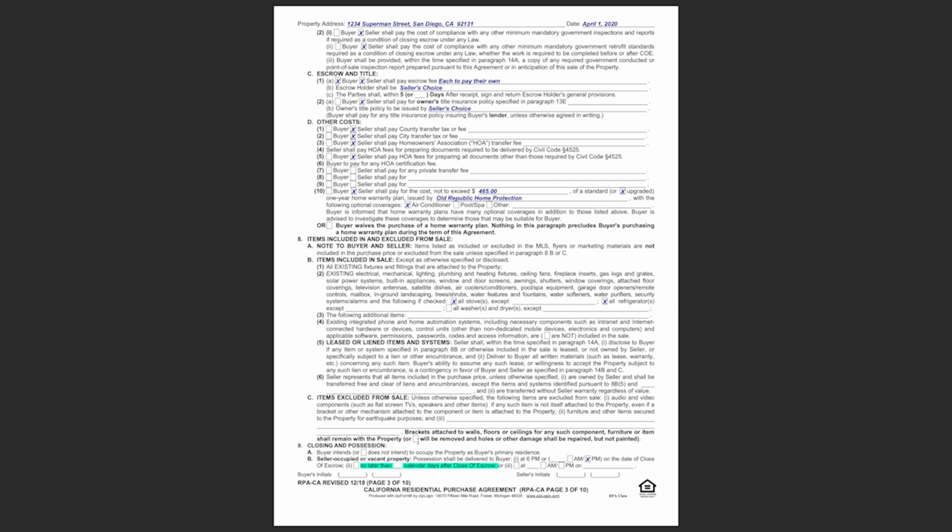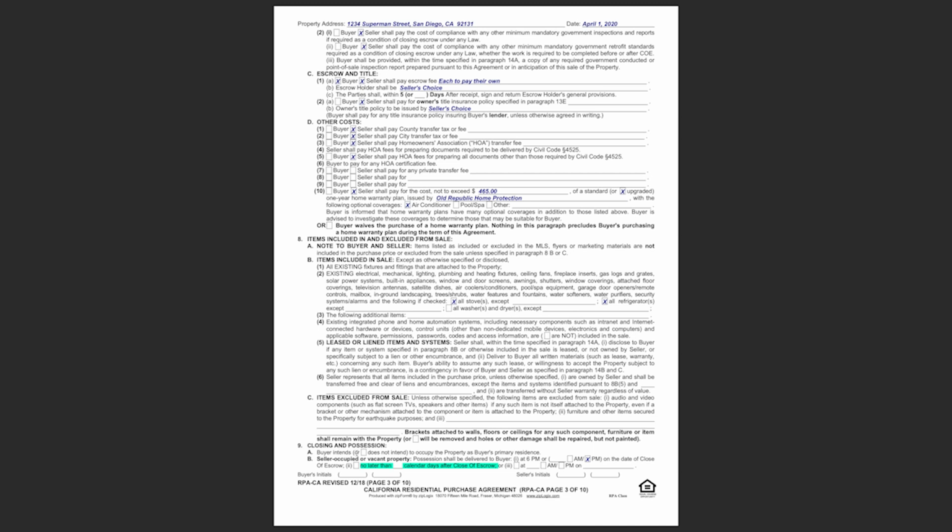Now, on line item number A, you're supposed to state whether the buyer intends to occupy the property as their primary residence or whether they do not intend to occupy the property as a primary residence. So if this is an investment home, you're going to check this box right there. If it's a primary residence, you can leave everything alone.